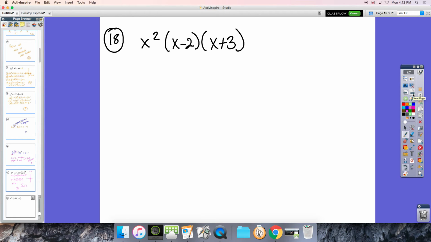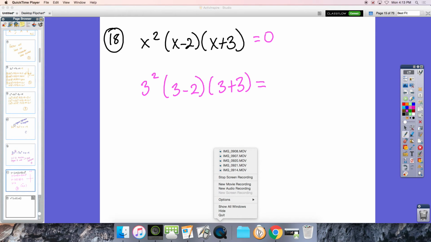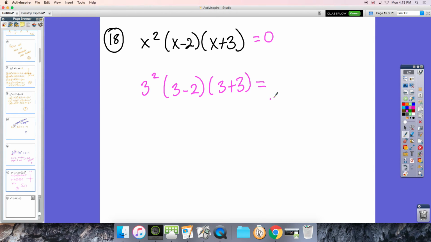Number 18 is a lot like 13 and 14. You're going to plug in your answer choices and see which one of them will give you 0 for an answer. If you plug in A, 3, you get 54, which is not 0.